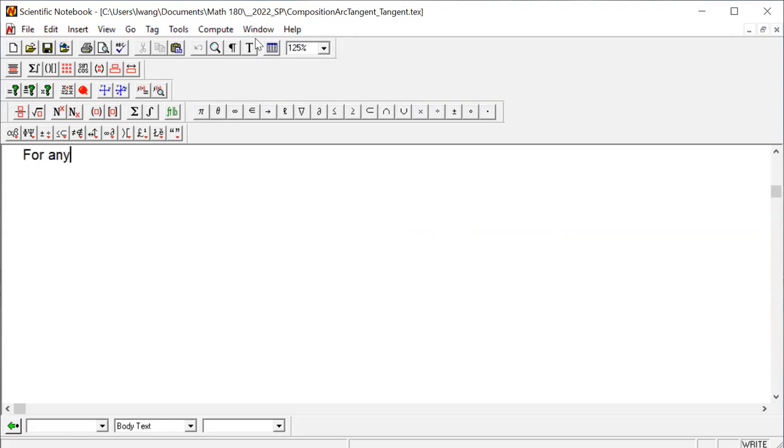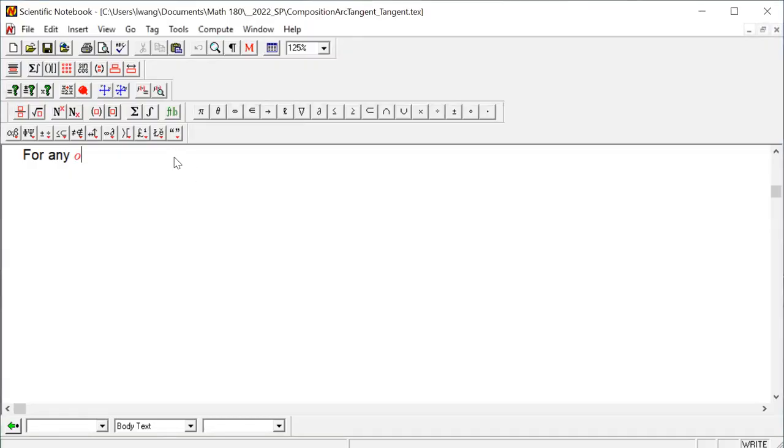For any one-to-one function f that has an inverse, what do we have?